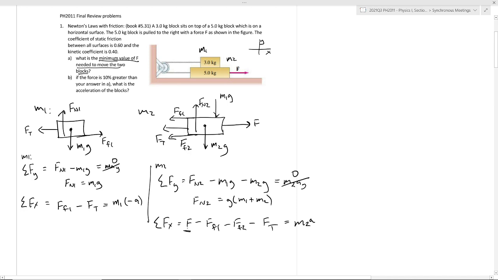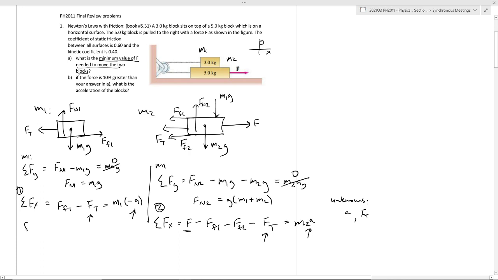So notice we basically have two things that are unknown in two equations. We have, not F is unknown, rather, we have A, and we have the tension appearing in both of these expressions. So how about we substitute equation 1 into equation 2 here so as to eliminate the tension.